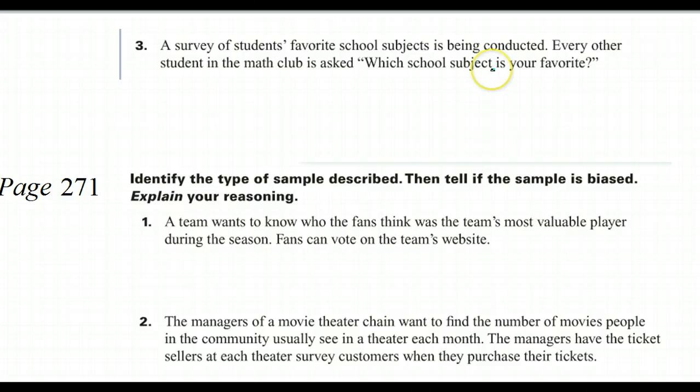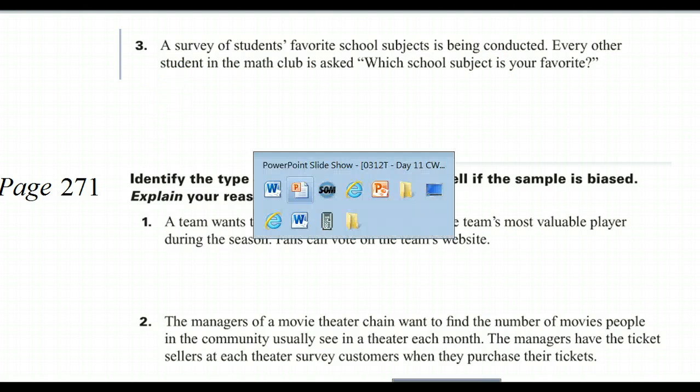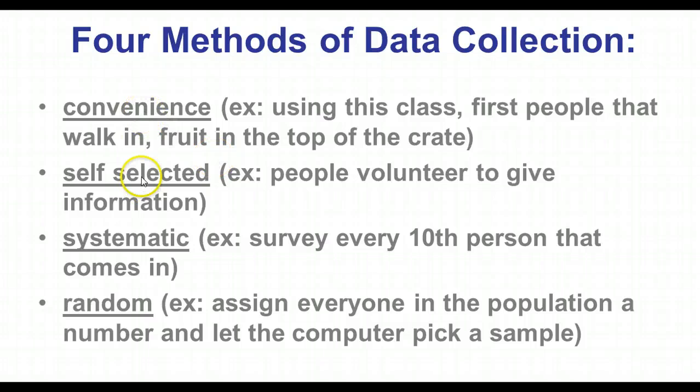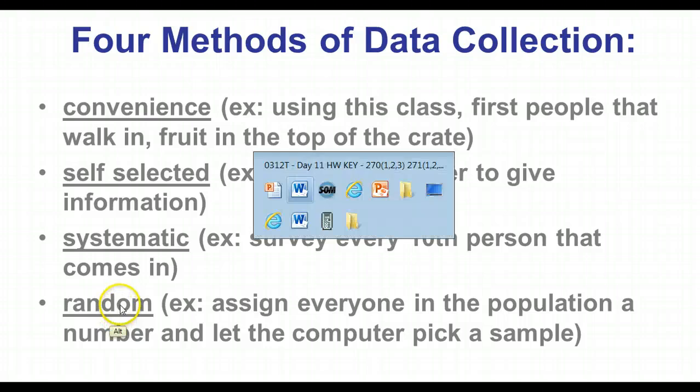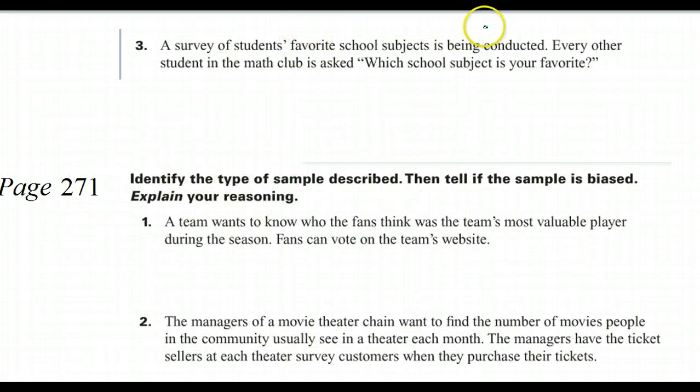Okay. First of all, which type of sampling is this? Convenient, self-selected, systematic, or random? Well, the key is the part where they say every other student. Okay, that is a sort of a system.